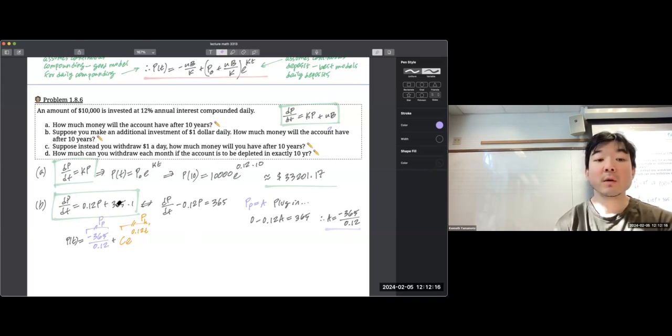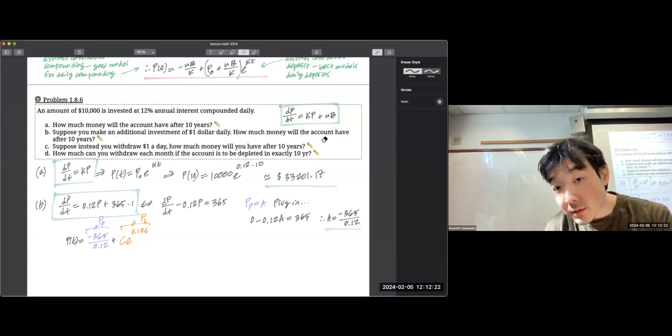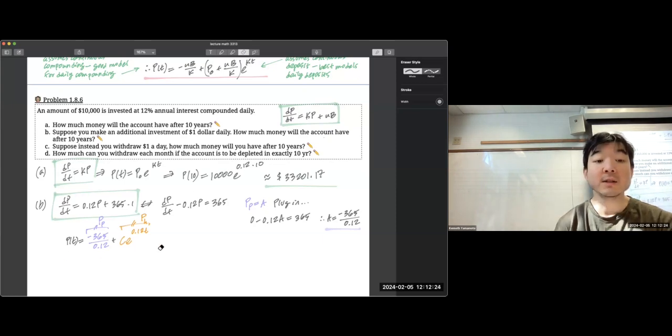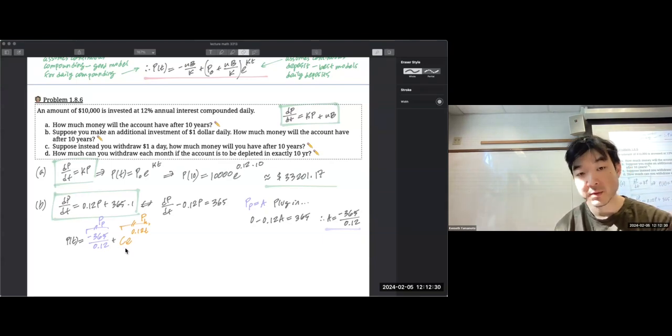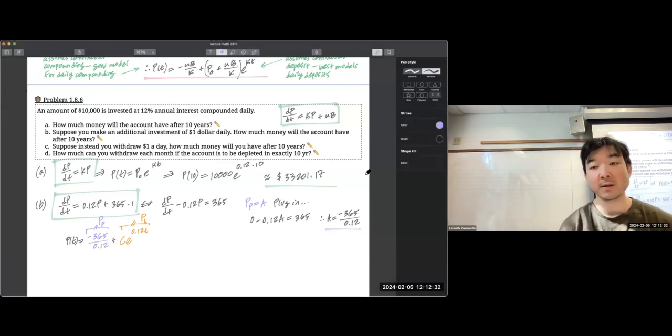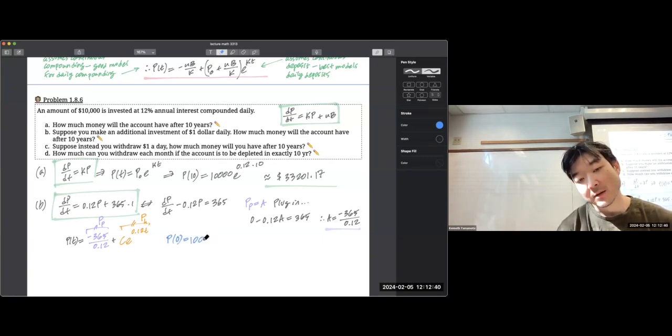But you also want to know how much there's going to be in the account after 10 years. So you need to build the full model that's represented by this problem, which has an initial condition. So basically we know that P of 0, the initial investment, is $10,000.